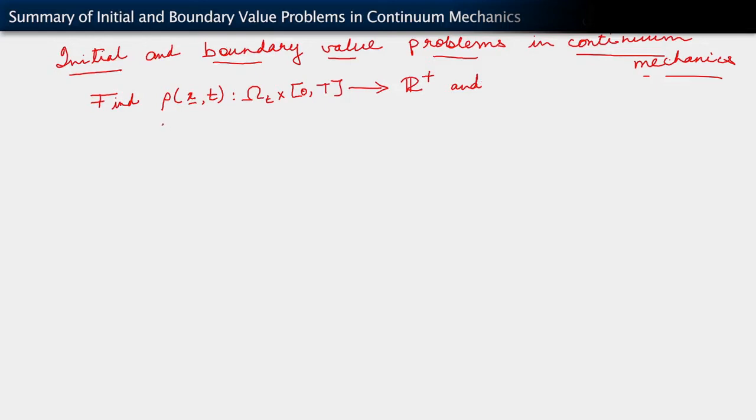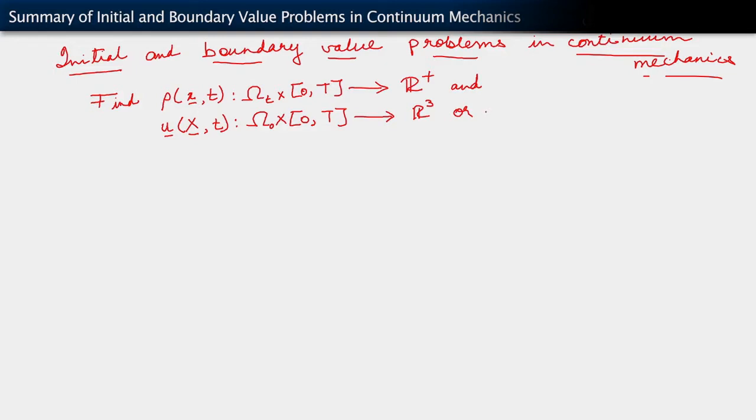We want to find either the displacement field, which is parameterized typically by capital X and t, the reference position and time. And this is a mapping from omega naught cross 0 comma t to R3, or for certain problems, instead of saying that we want to find the displacement, it is more appropriate to ask for the velocity.